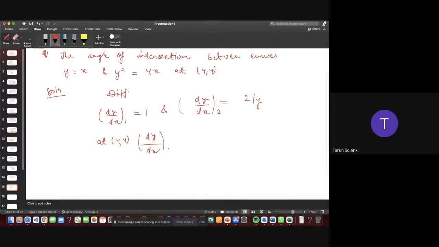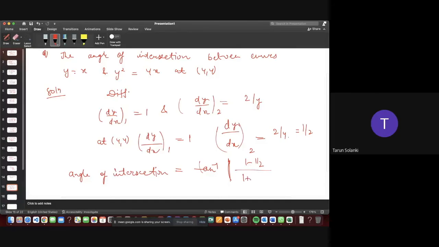Dy by dx 1 is equal to 1 and dy by dx 2 is equal to 2 by 4, which is half. So hence the angle of intersection will become tan inverse of (1 minus 1 by 2) divided by (1 plus 1 times half), which is tan inverse of 1 by 3. Okay, so this is our answer.